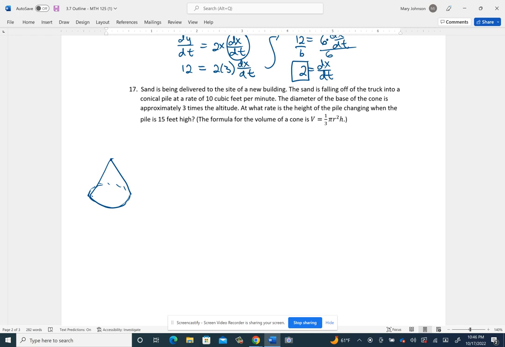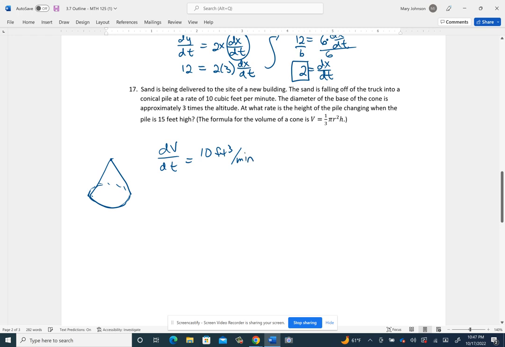So that has to do with the volume of this pile. The pile is growing at a rate of 10 cubic feet per minute, and in cubic feet, that's a volume. So we know dV/dt is 10 cubic feet per minute.